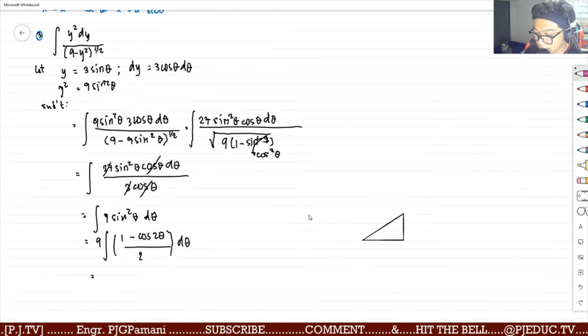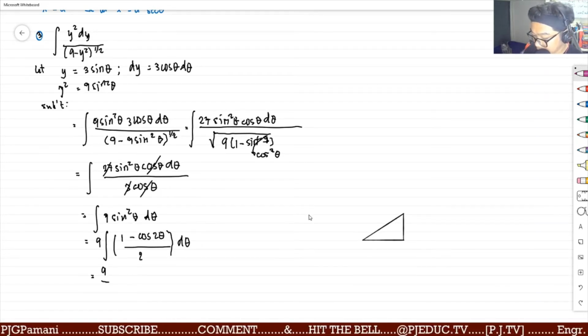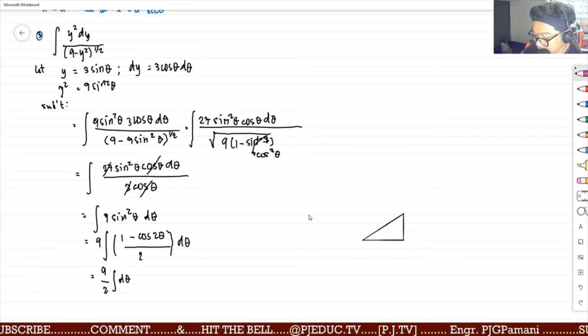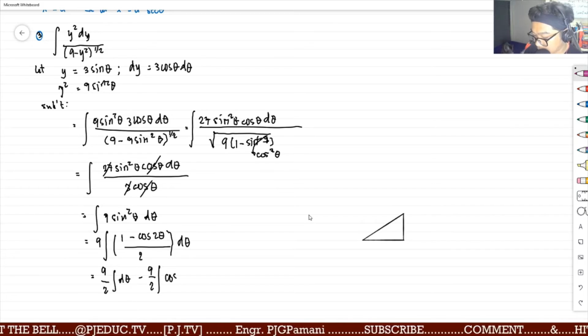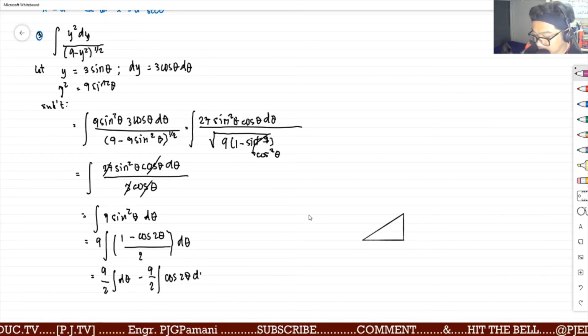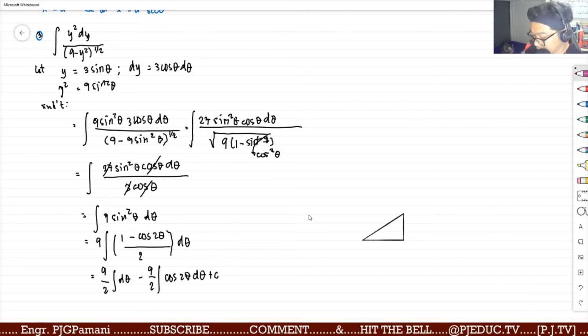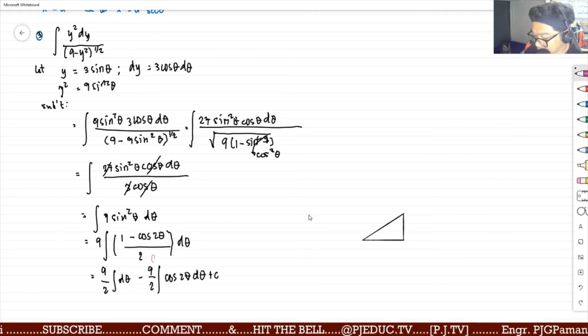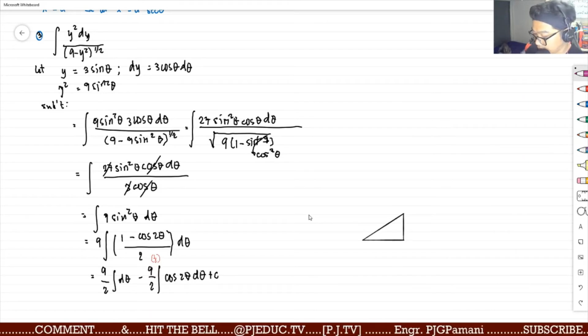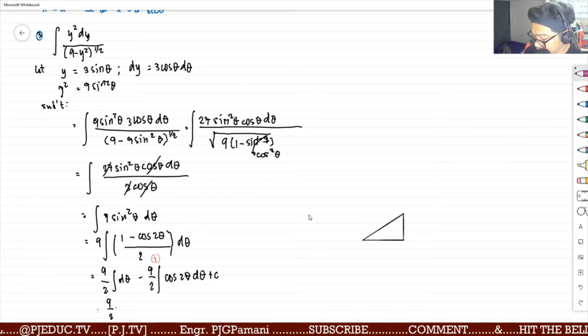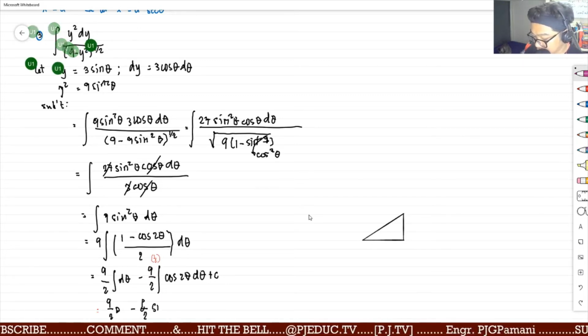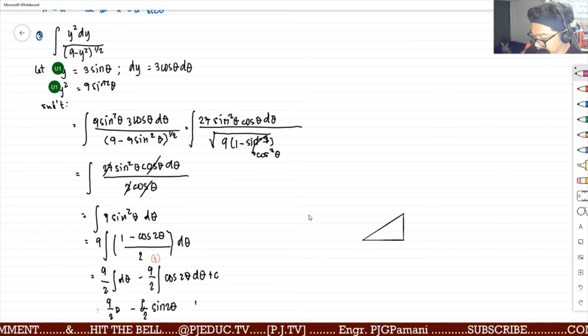Simplify. 9 times 1 half is 9 half d theta minus 9 half of cosine 2 theta d theta plus c. Again, meron niyang correcting 1 half. So simplify your answer there. That is 9 half of theta minus 9/4 of sine 2 theta plus c.